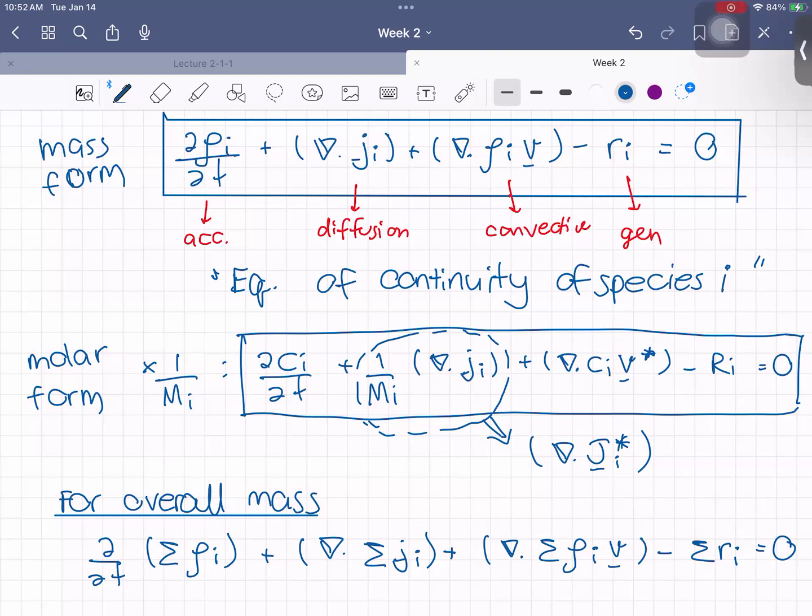Any questions during this time? Yes. The molar form, the symbol is what?